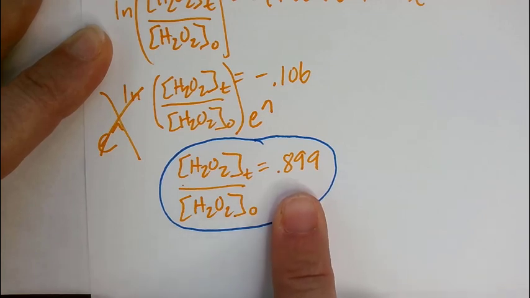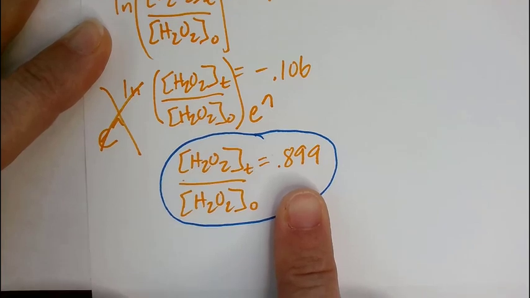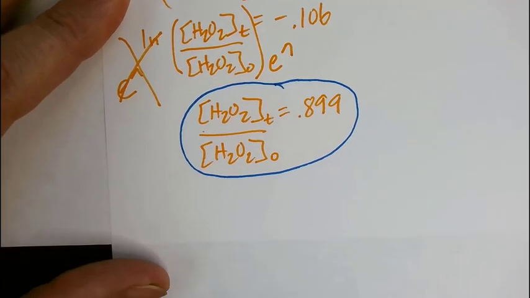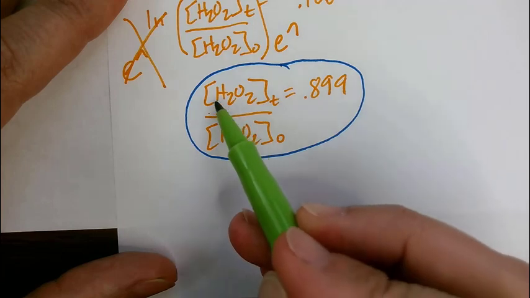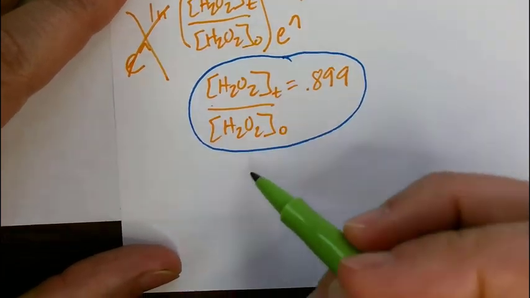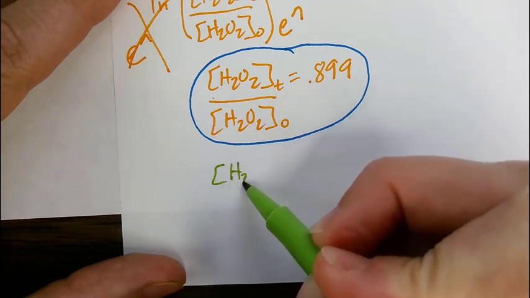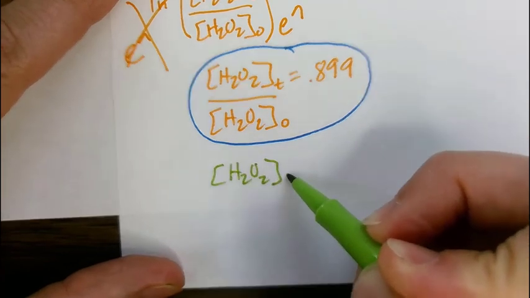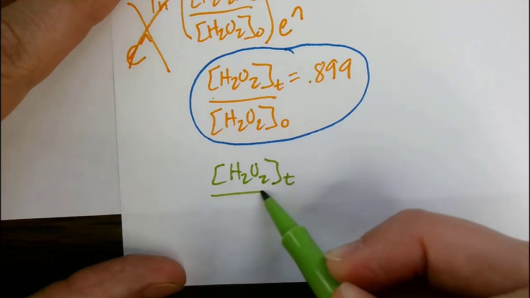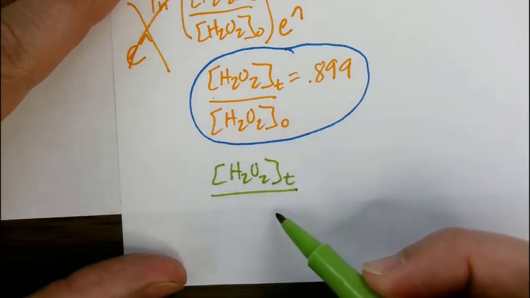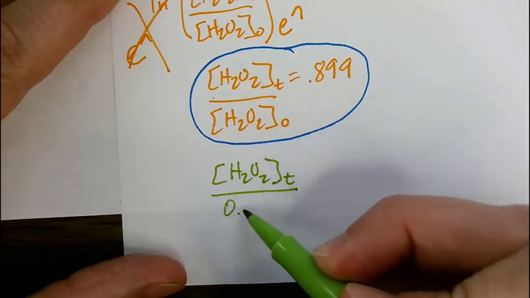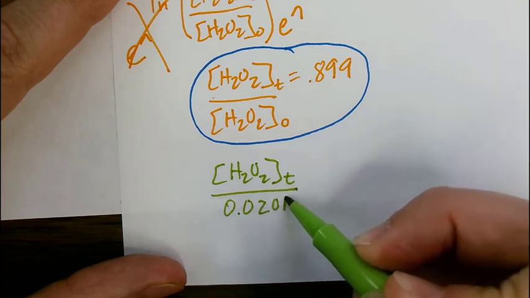But the second part says, what is the concentration if the initial concentration is 0.02? So I'm going to go a little bit further because we want to know the concentration after 100 minutes. So I'm going to write down that we want H2O2 concentration after time t, 100 minutes. And our initial or the original concentration given was 0.020.